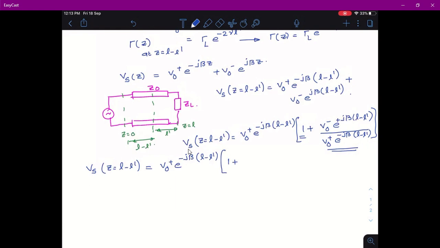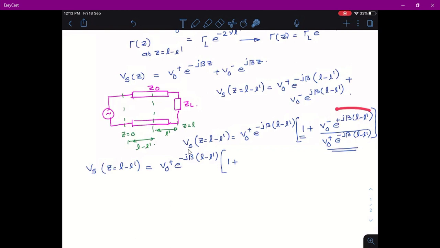So, if you look at this term, okay, we have already proved in the last class that you can express the reflection coefficient in terms of the reflection coefficient of the load multiplied by some exponential term.